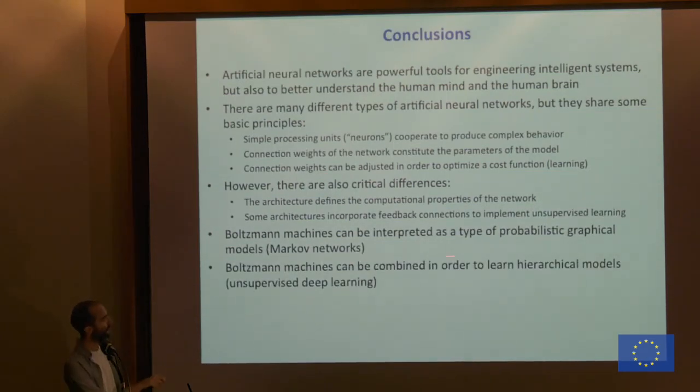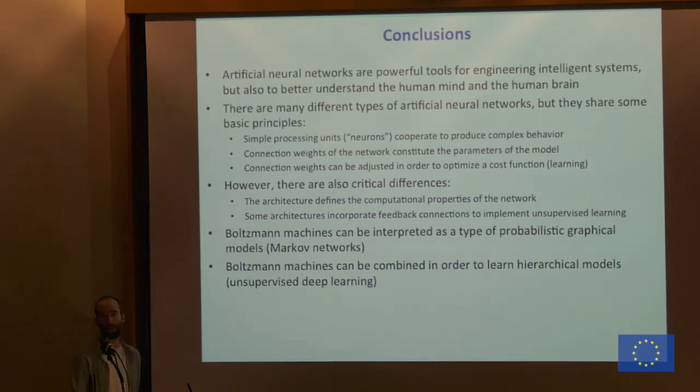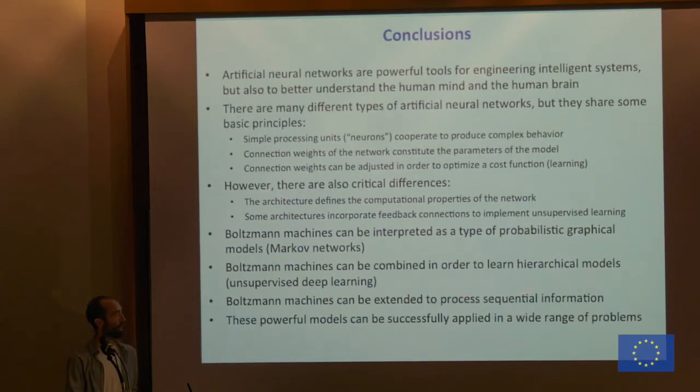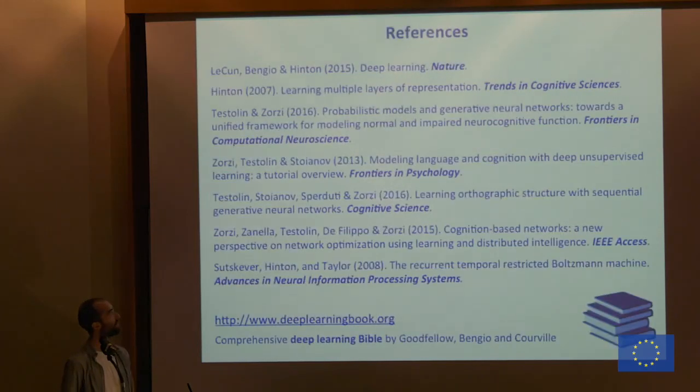And they can also be combined in order to learn hierarchical models, which we call unsupervised deep learning models. They can also be extended to process sequential information, and they can be applied to a wide range of problems, going from music perception to telecommunication optimization.